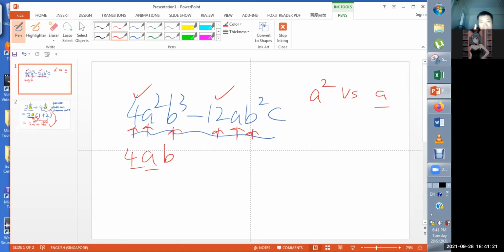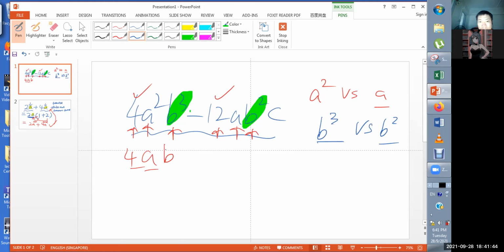Now the question for B, can you see B? B is B cubed and B squared. Which one is smaller? B squared.